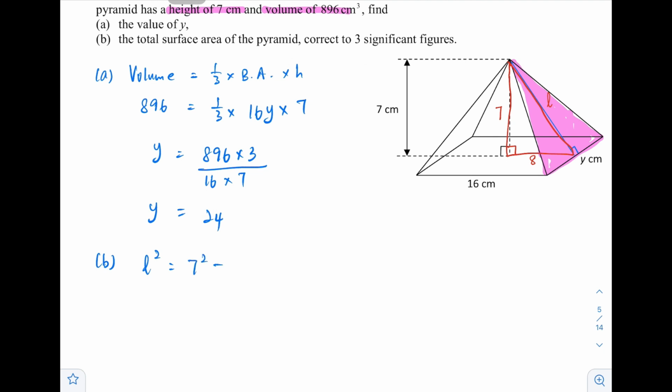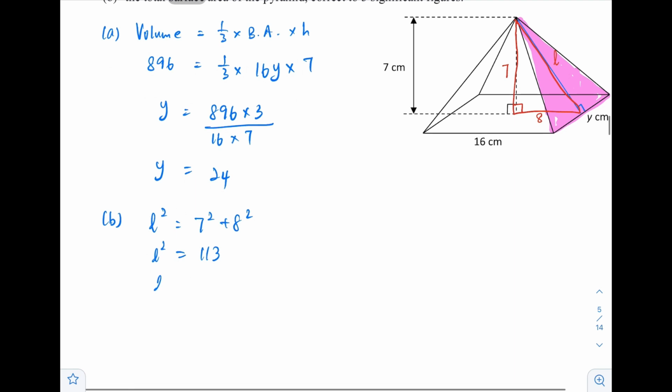So L squared is 7 squared plus 8 squared. That will give us, if you press your calculator, 113. So L would be the square root of 113, which we will leave as our exact working answer. After I find this slant height, I will be able to find the area of the pink triangle, and I have 2 of it.